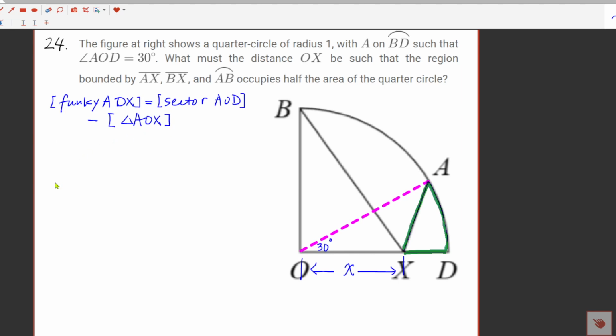Okay, we know AOD is 30 degrees. The area of the sector AOD is very easy to calculate, which is 30 over 360 times pi r squared, right? Which is a 12th pi.